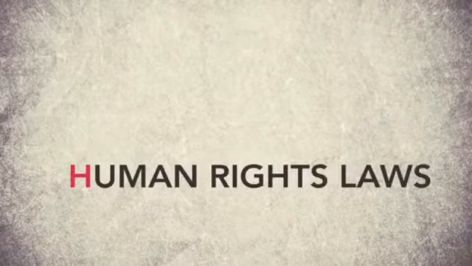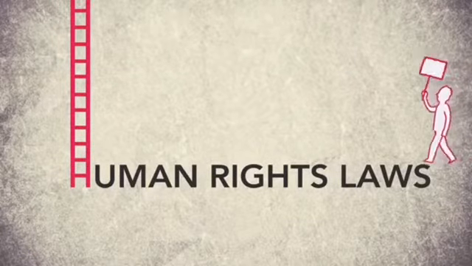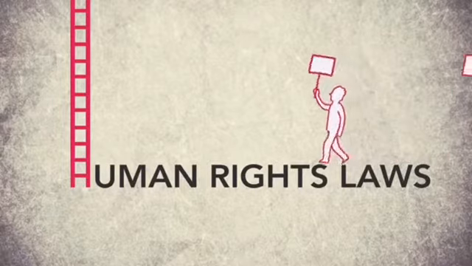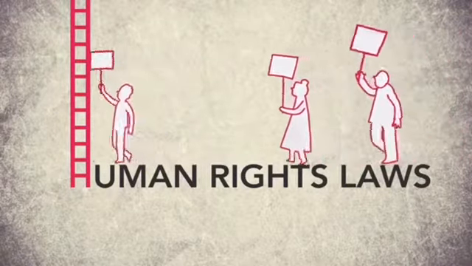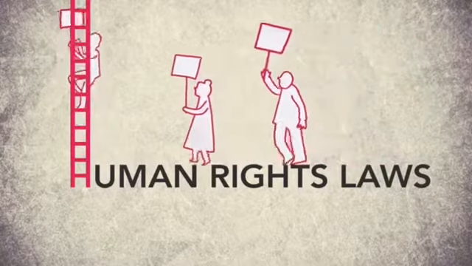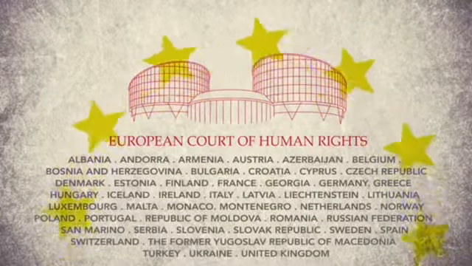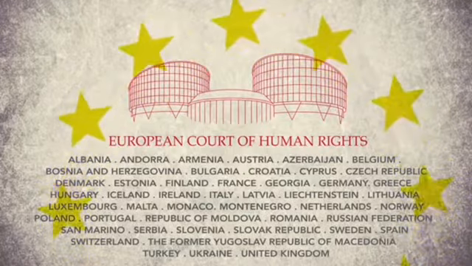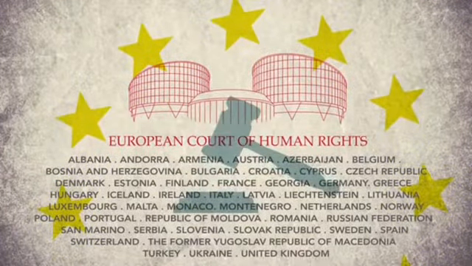Others defend universal human rights laws and point at the positive role they have in setting international standards and helping activists in their campaigns. They also point out that not all international human rights instruments are powerless. For example, the European Convention on Human Rights establishes a court where the 47 member countries and their citizens can bring cases. The court issues binding decisions that each member state must comply with.